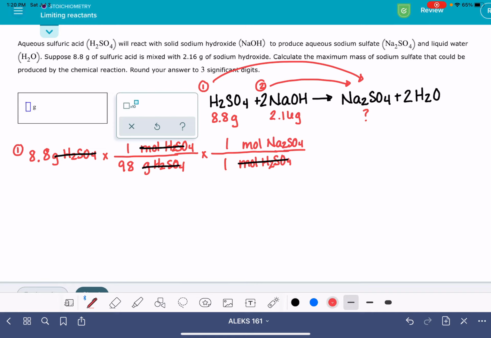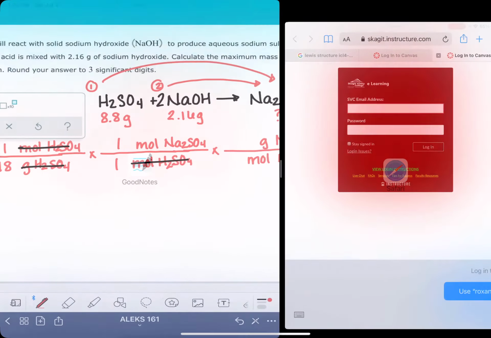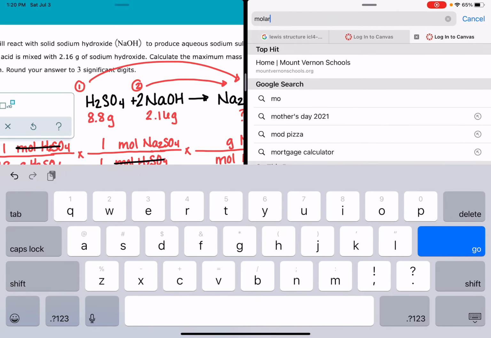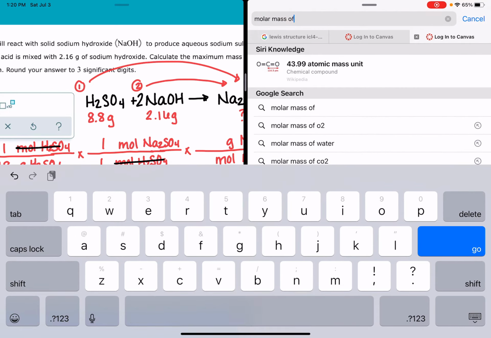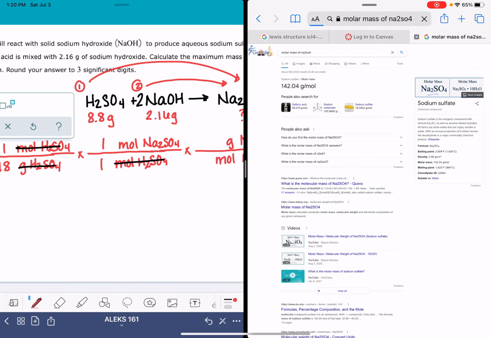Now, our last step here is to convert out of moles of Na2SO4 into units of grams of Na2SO4. And I'll show you another shortcut if you don't feel like adding up these molecular weights all of the time. I will show you that you can just Google them. Molar mass of Na2SO4. It's even starting to autofill it for me.